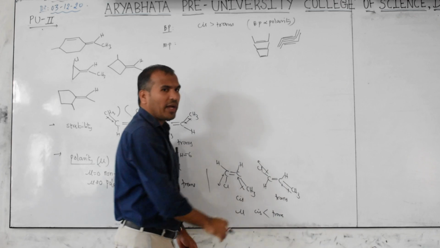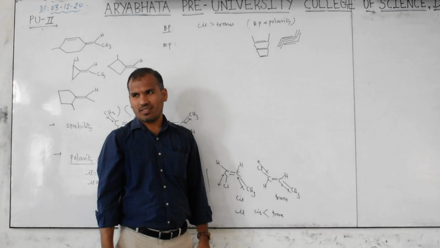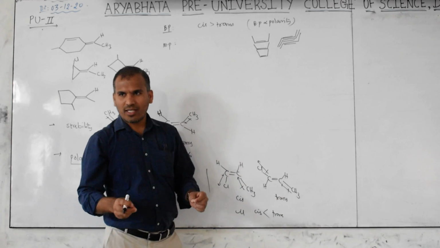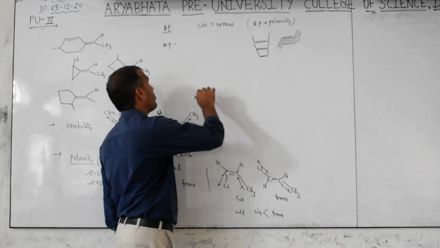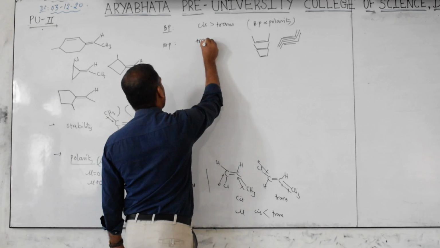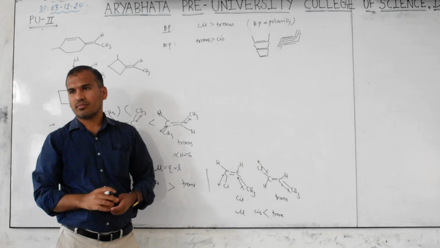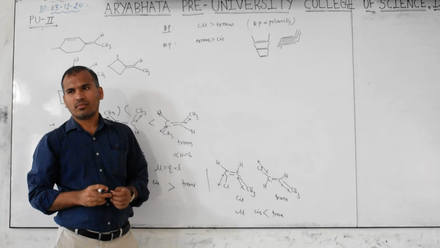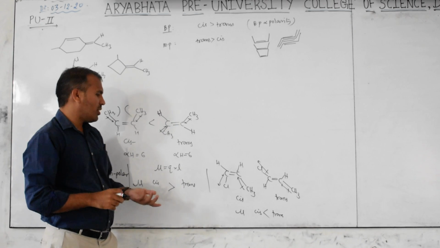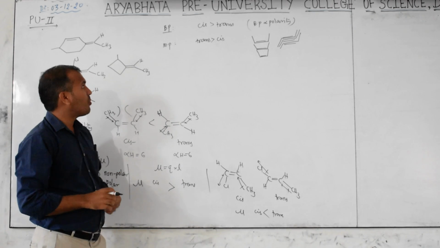Which is closely packed? Trans. Then trans is closely packed, so the boiling and melting point of trans is greater than cis. These are the general points or properties.